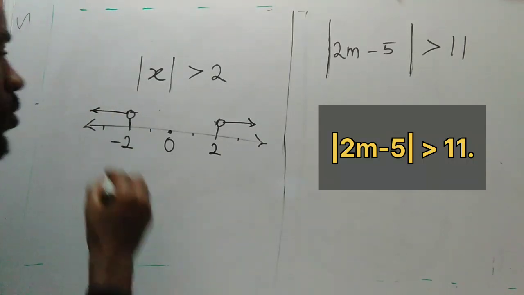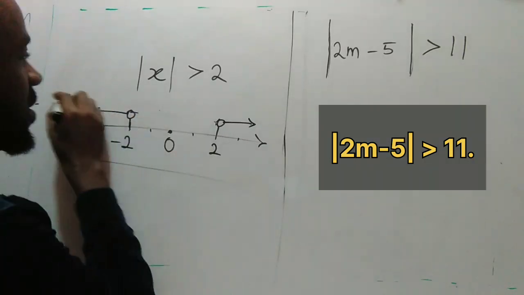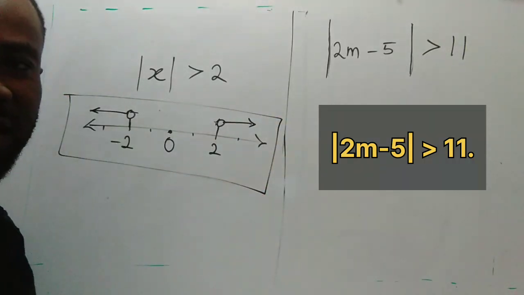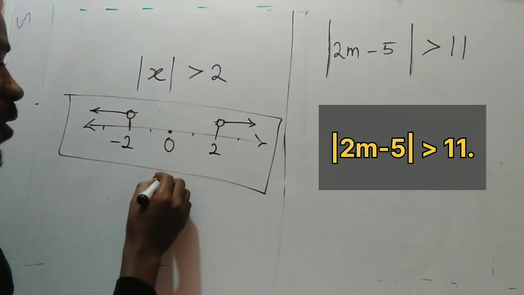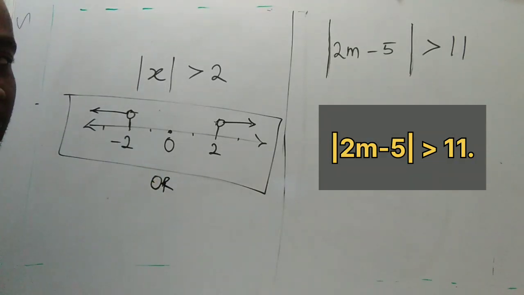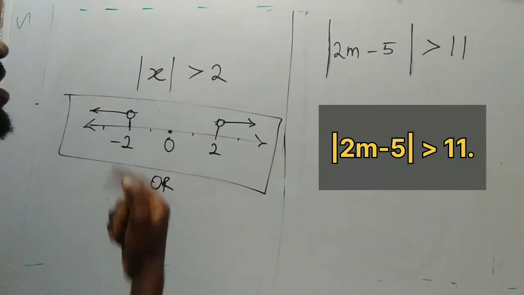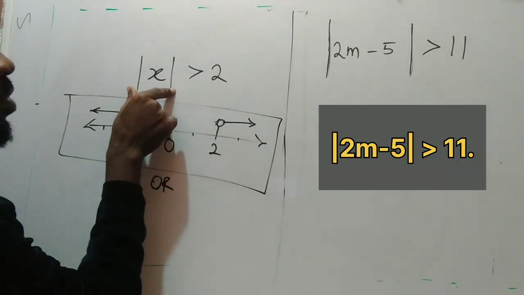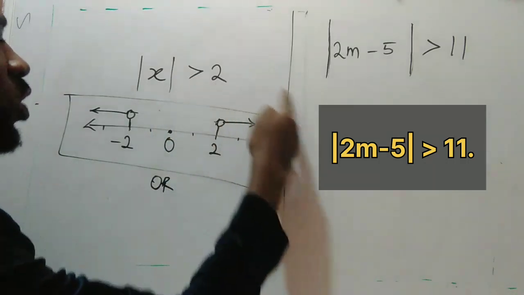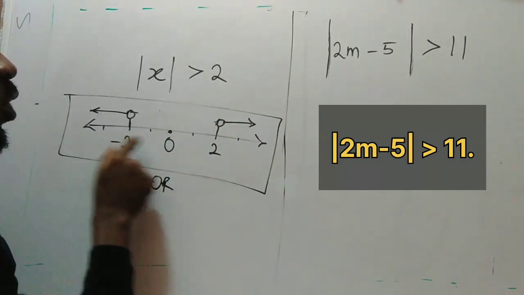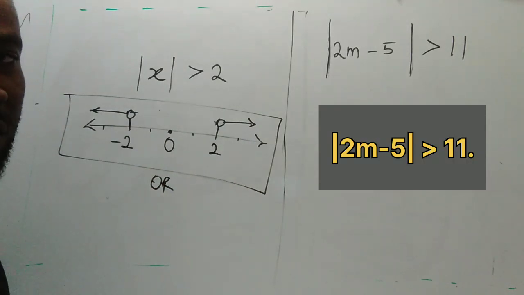And again, if you observe this number line, it looks familiar. It looks like the OR type of compound inequality that we talked about. So for an absolute value inequality with a greater than sign, it will always lead you to the OR type of compound inequality.